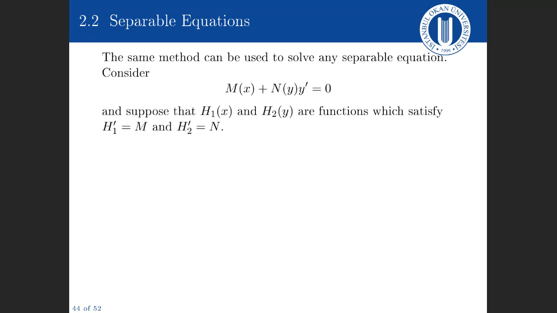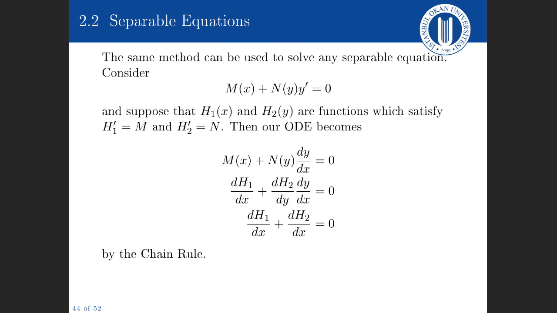Let's consider the general first order separable equation, m of x plus n of y, y prime is equal to 0. And let's suppose that we've found two functions, h1 of x and h2 of y, which satisfy that the derivative of h1 is equal to m and the derivative of h2 is equal to n.